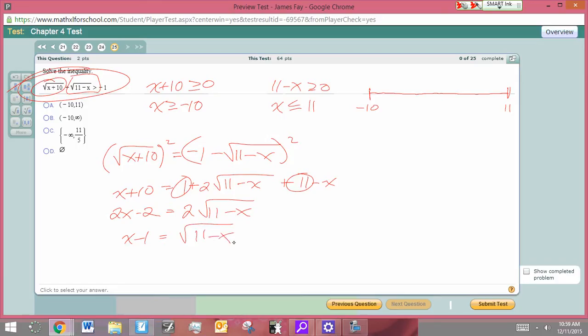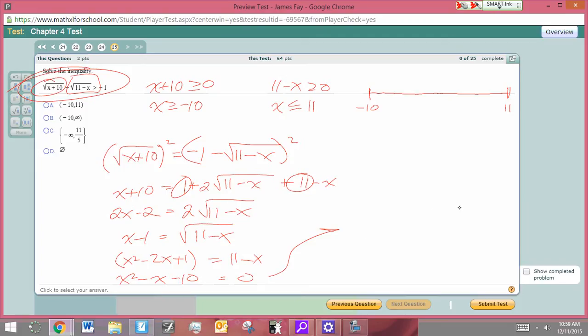I'll now square both sides, so it gives me x squared minus 2x plus 1 over here, and 11 minus x over there. I'll set this equal to 0, so I'll add x to both sides, it gives me x squared minus x, and I'll subtract 11 from both sides, it gives me minus 10. Now, I'm going to have to use the quadratic formula to factor that, okay?